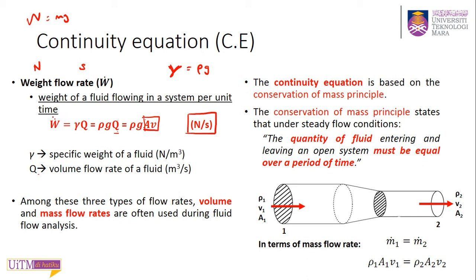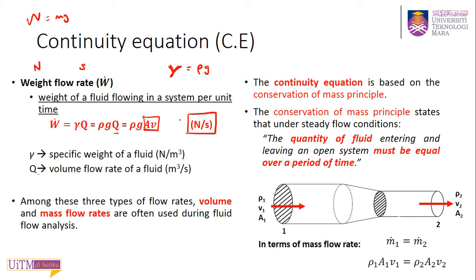It's not too difficult. It's just a change of the definition of the equation. The weight can be changed to rho g, so that's why they put rho g Q, and Q can be changed to AV. That's why it's rho g AV. So that's how you find your weight flow rate, the weight of fluid over time.